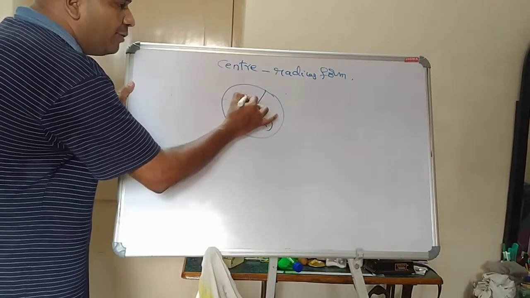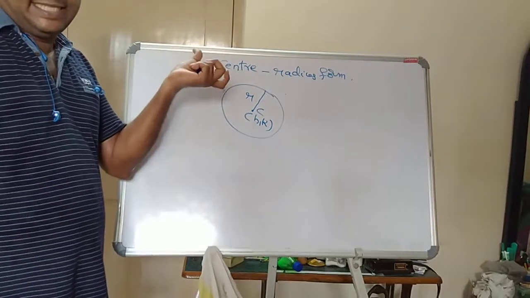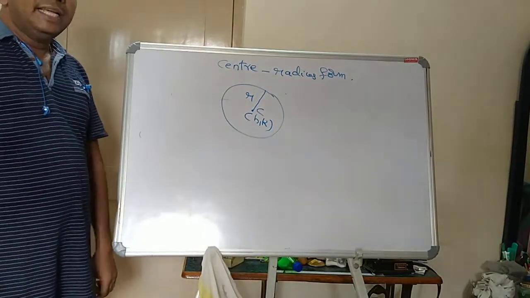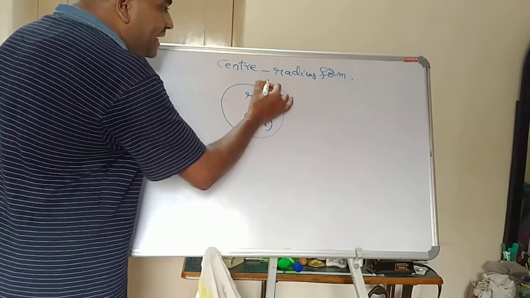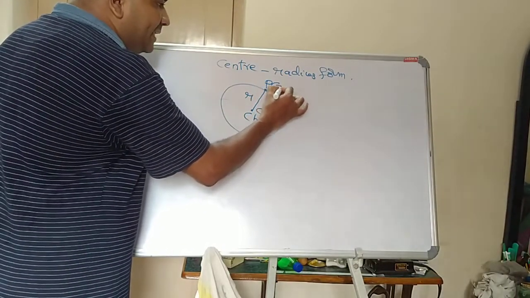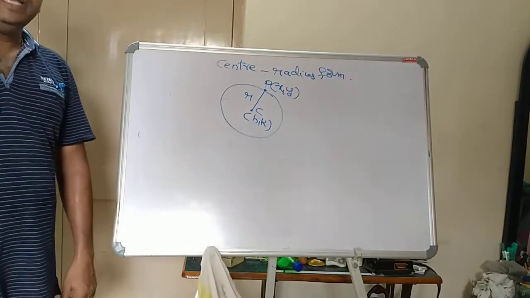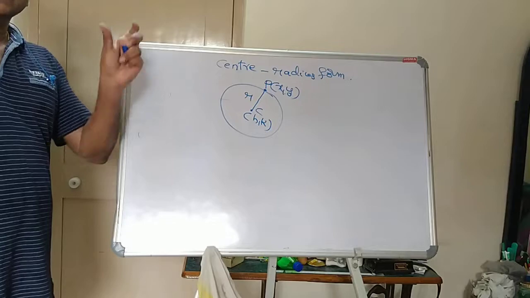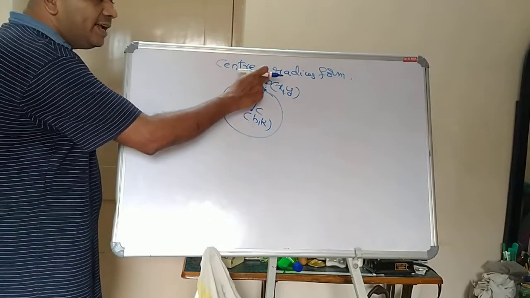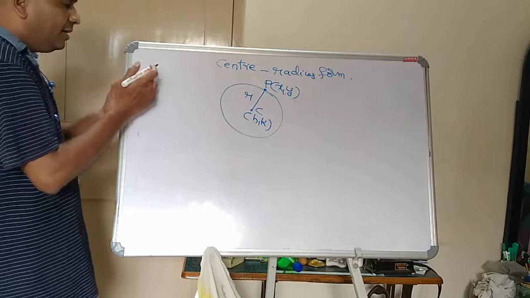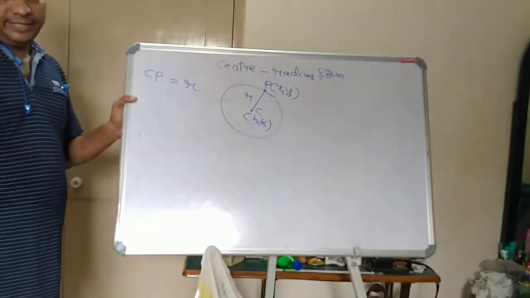Now we have to find the equation of the circle in this case. First of all, take P x comma y as any point on the circle. From the diagram, CP equal to r.